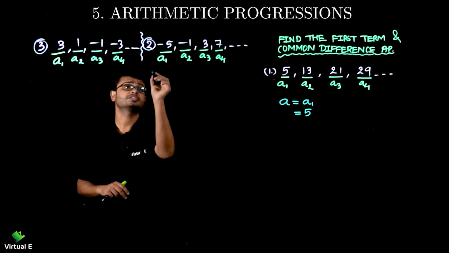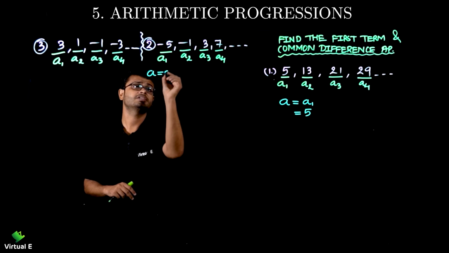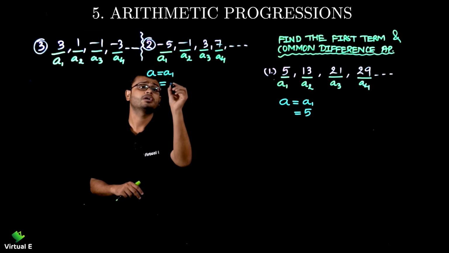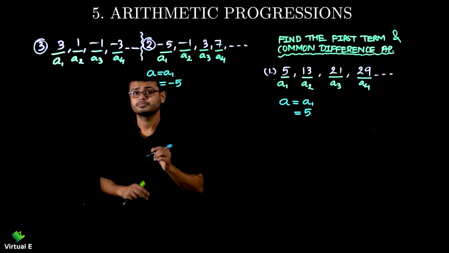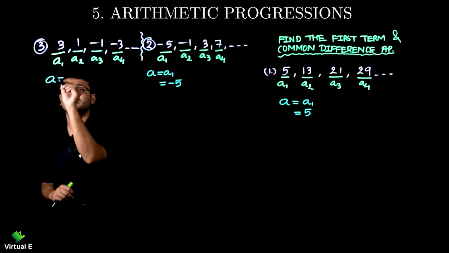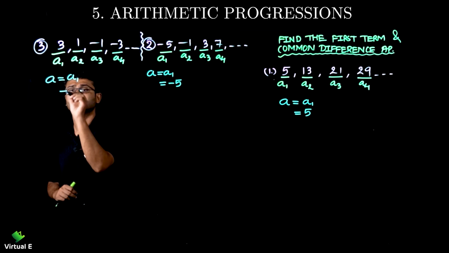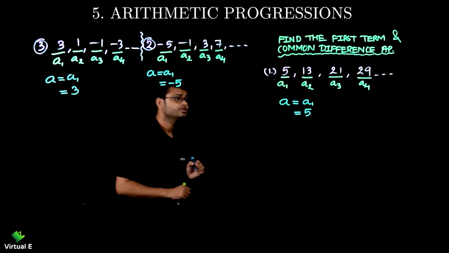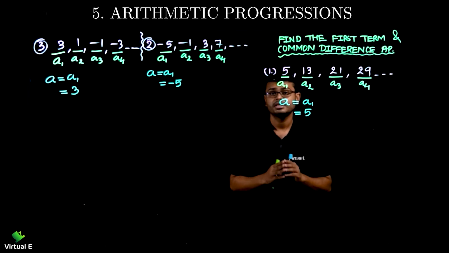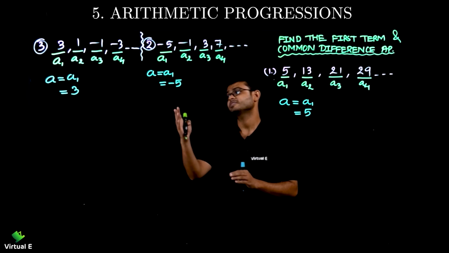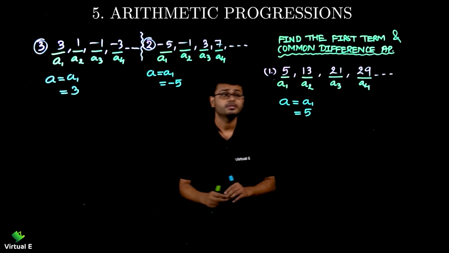I will be using the same concept. a is equal to a1, and here my a1 is minus 5. Simple. Here, let's use the same concept. a is equal to a1 is equal to 3. Done. So my first term is identified: 5 in this case, minus 5 here, and 3 over there.